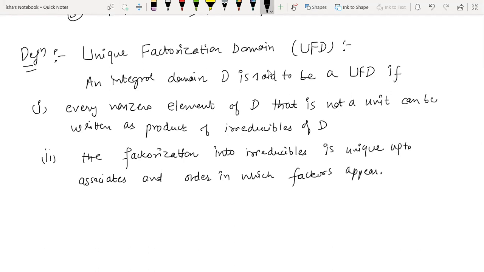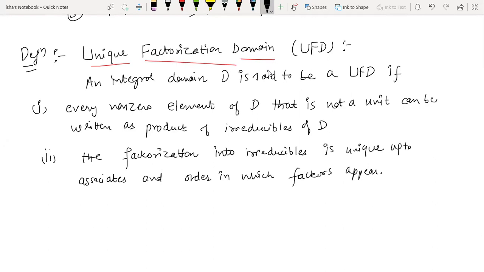So let me explain the definition first with the help of an example, then you will be able to understand it better. This is saying when do we say an integral domain is a unique factorization domain? It's clear from the name only: unique factorization. That means you're going to factorize in the domain, and that factorization is going to be a unique way of factorization. If that property is satisfied, then we say it is a unique factorization domain.